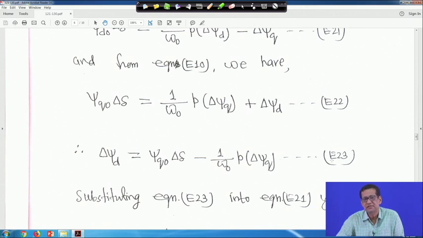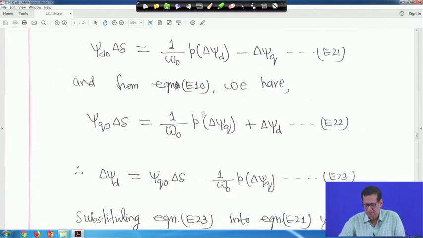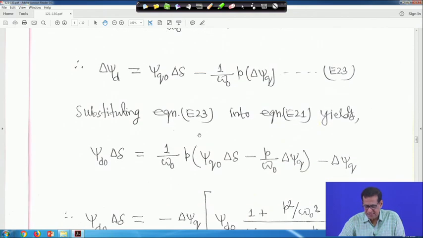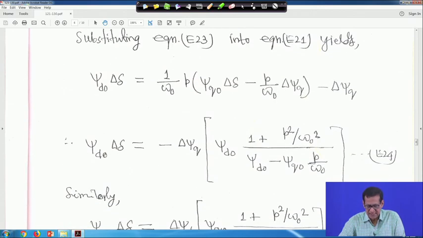This is equation E23. Now, if you substitute equation E23 into equation E21, with this delta psi d term substituted here and simplified, you will get psi d 0 delta delta is equal to 1 upon omega 0 p psi q 0 delta delta minus p upon omega 0 delta psi q minus delta psi q. Just simplify, and you will get this expression, or psi d 0 delta delta is minus delta psi q in brackets psi d 0, it is 1 plus p square upon omega 0 square, divided by psi d 0 minus psi q 0 p upon omega 0.